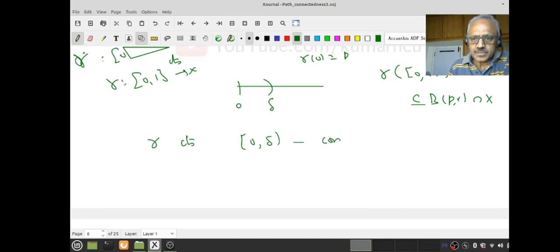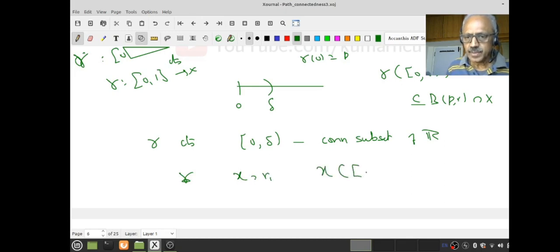This is a connected subset of R, because any interval is a connected subset of R, and these are the only ones which are connected subsets. Therefore, remember my x is gamma_1, x of [0, delta) is a connected subset of R. Do you agree with that?